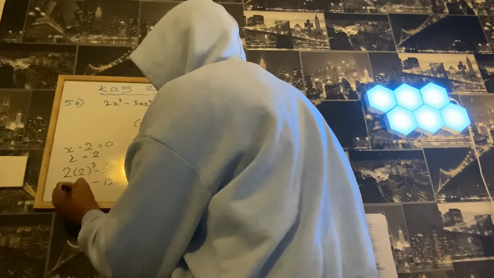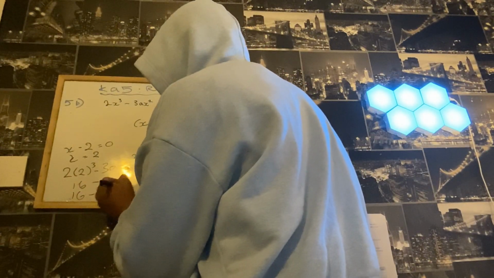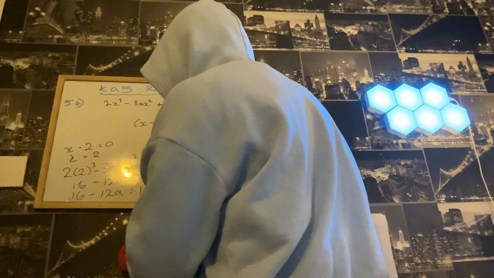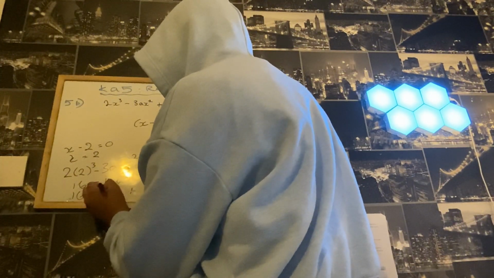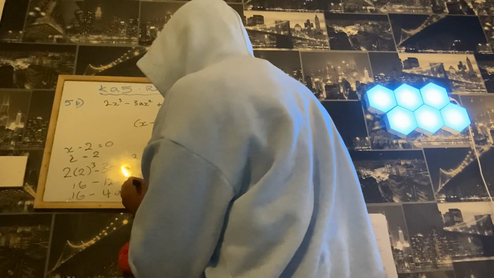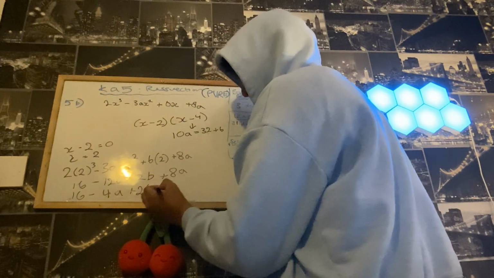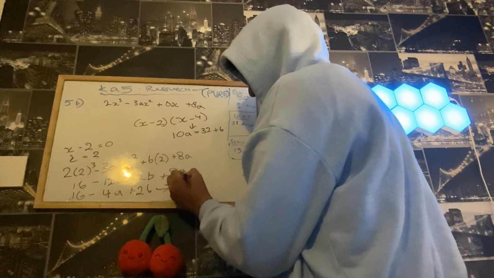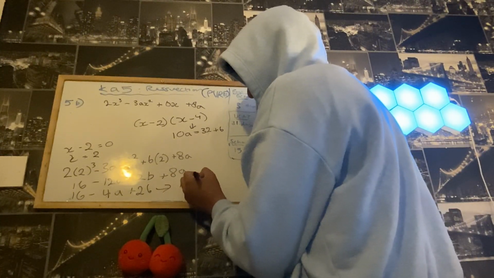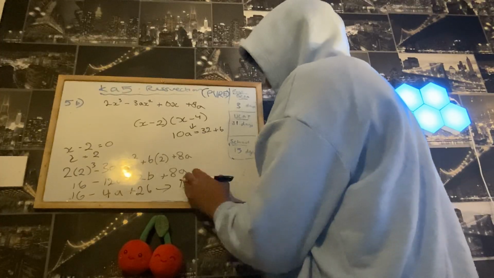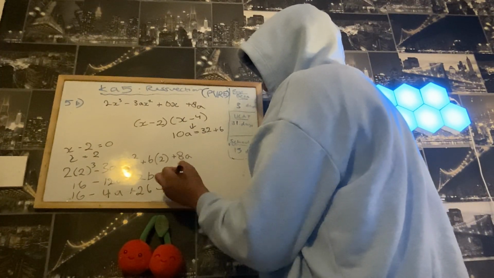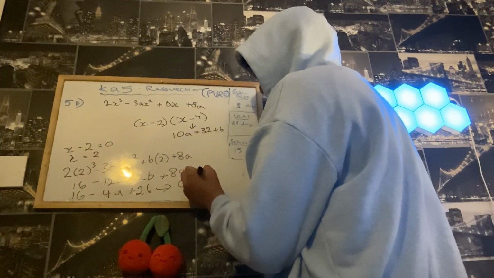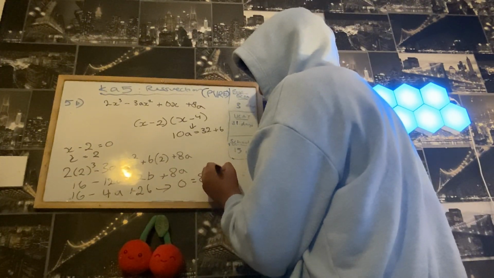Tidying that up, we get 16 minus 4a plus 2b. Tidying that up even further, if we simplify it, we get 8 minus 2a plus b.